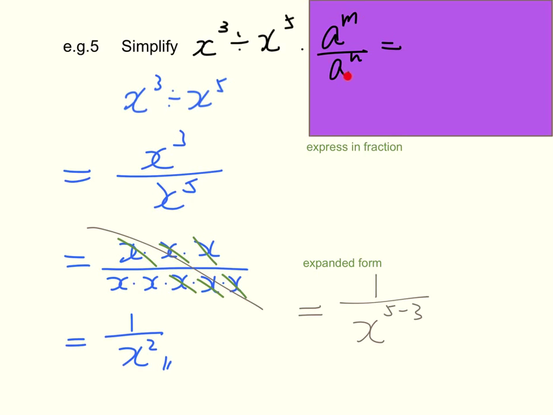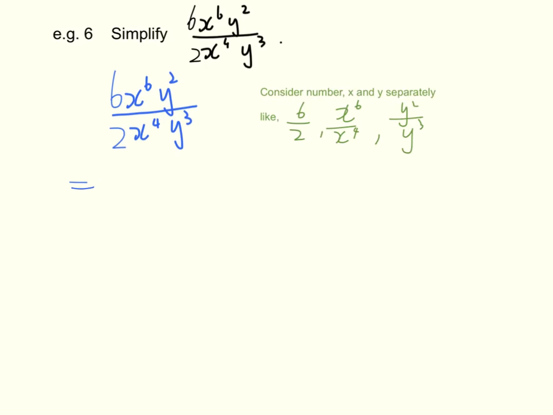Let's repeat this law. a to the power m over a to the power n, when n is bigger than m, is equal to 1 over a to the power n minus m. To keep the index positive, remember the subtraction must be done by a larger index minus a smaller index.